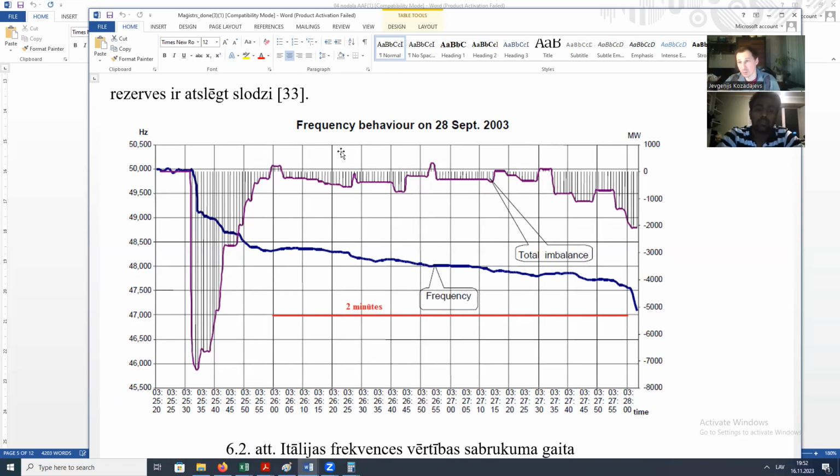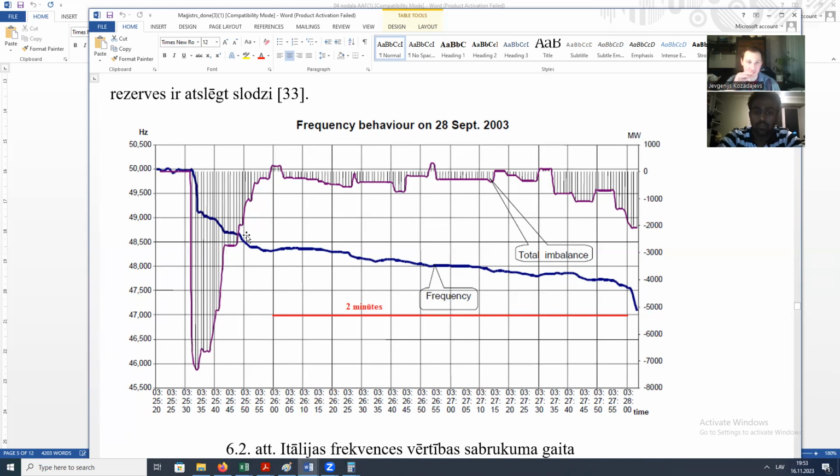It means that we have 20% of deficit, and the only way is to start disconnecting consumers to keep the system in balance. Here we could see the start of under frequency automation. It started to work. The imbalance started to decrease because we are disconnecting consumers, but frequency continues to fall because the imbalance is still there.